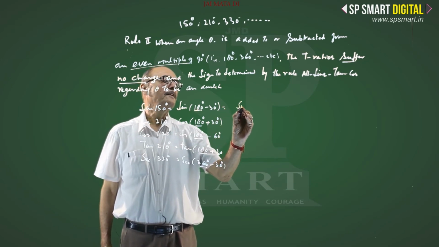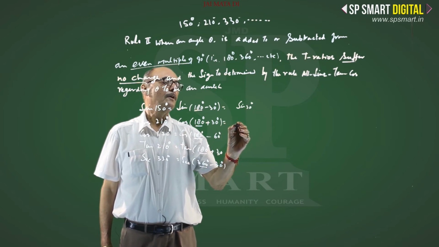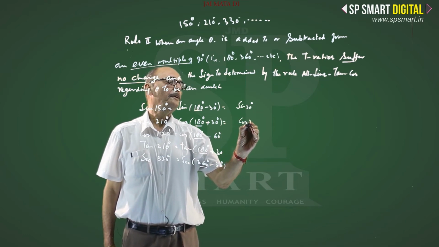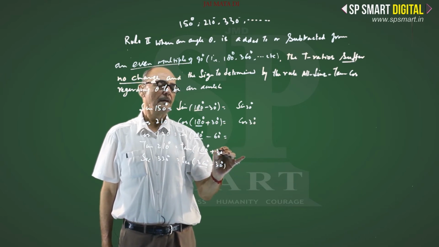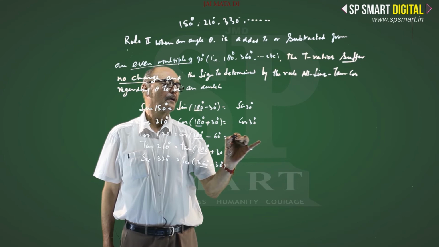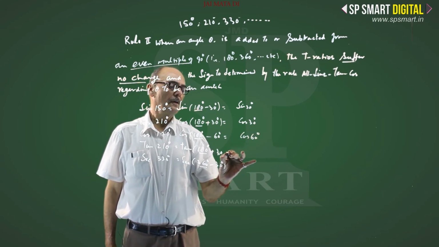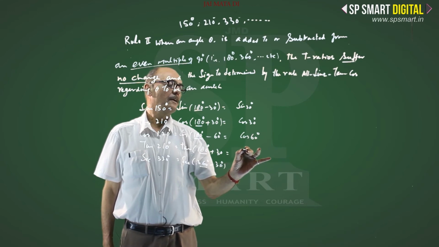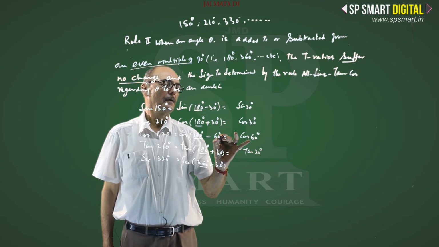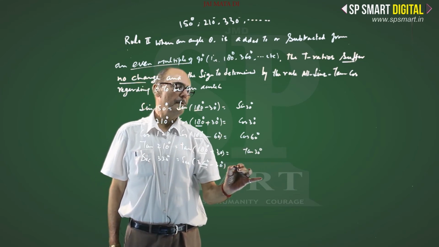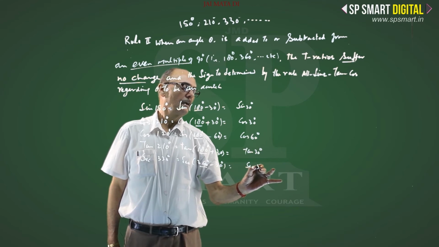It remains sin 30 degrees, it remains cos 30 degrees, it remains cos 60 degrees, it remains tan of 30 degrees, it remains secant of 30 degrees.